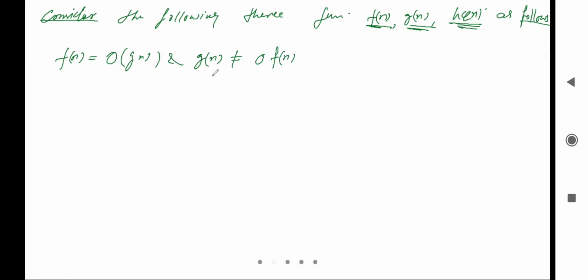Another statement: g of n equals order of h of n, and h of n equals order of g of n. Then these options are given.